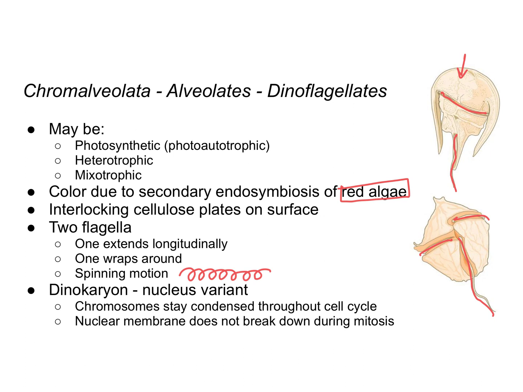These cells also have something called a dinokaryon, which is a variant of a nucleus. So it's similar to a nucleus, but the chromosomes never become uncondensed. They stay condensed throughout the cell cycle, and the nuclear membrane does not break down during mitosis.